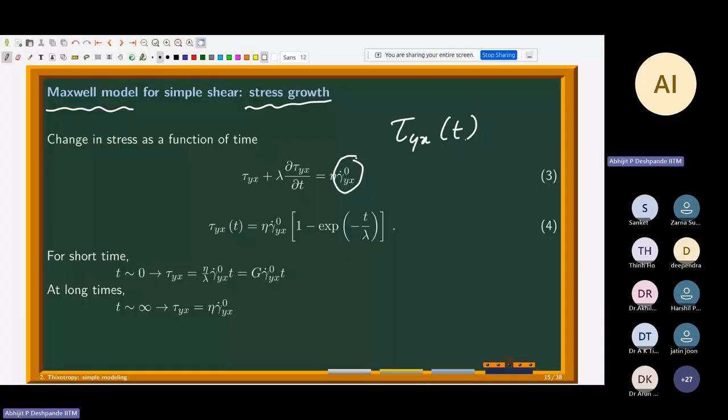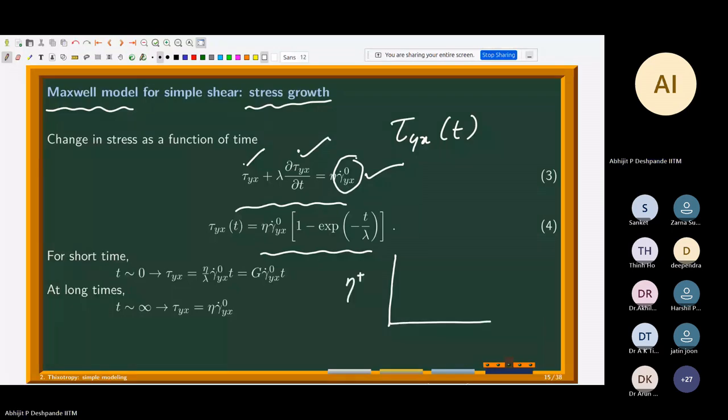Since it's a first order ODE, the right hand side is constant, and we have tau yx and the first derivative of tau yx, the solution is going to be an exponential. If I first plot tau yx as a function of time, then we will have basically an increasing exponential function.